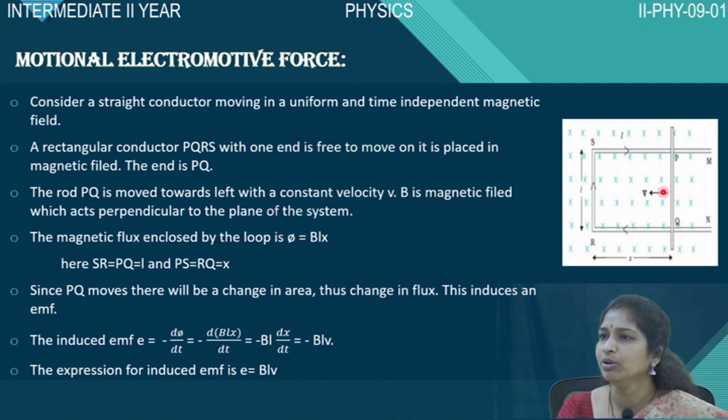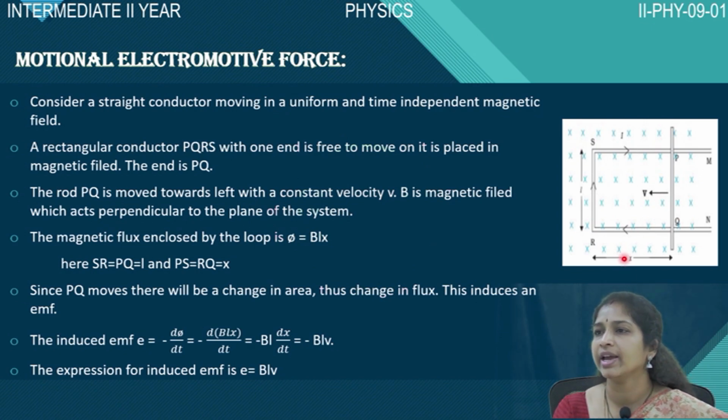It will come to this position. So when this conductor is moving towards the left, there will be a decrease in the length. So this X will change, because it is not at a fixed position. In the next instant of time, it may come to this position. Now the X value will be changing.